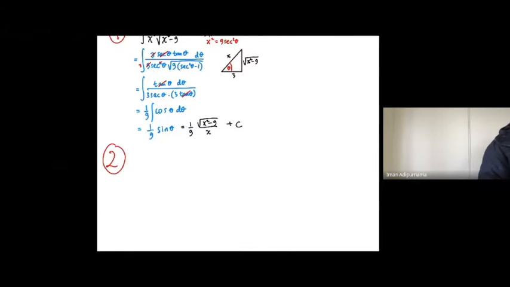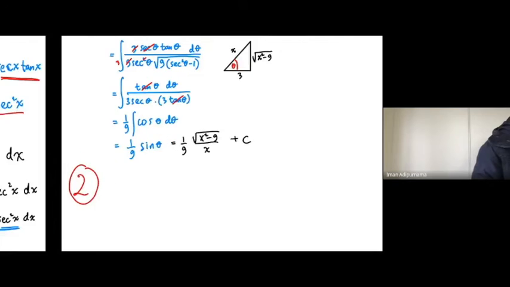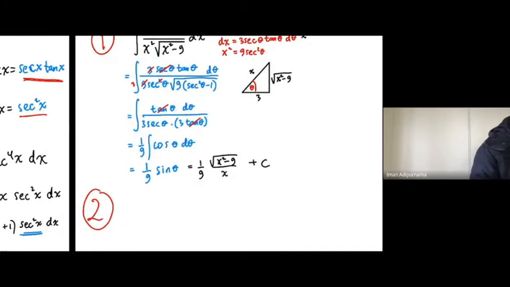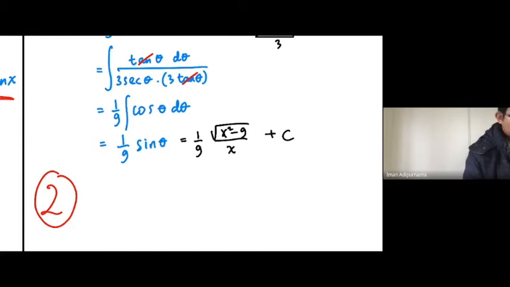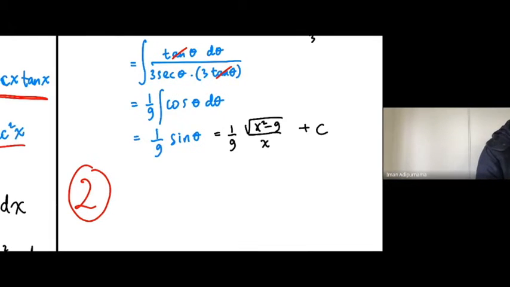The second one is the integration of x cubed times the square root of 9 minus x squared dx.